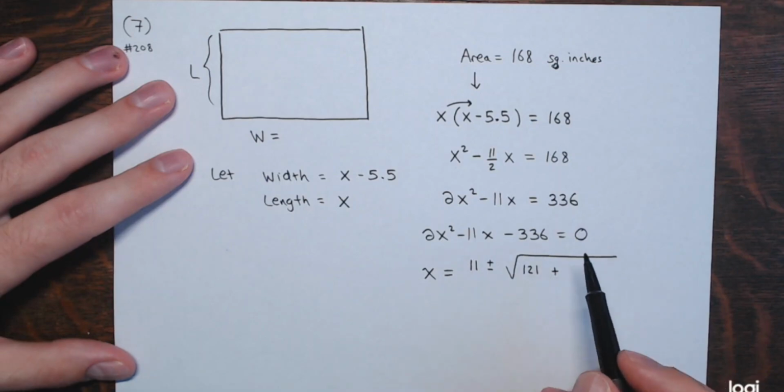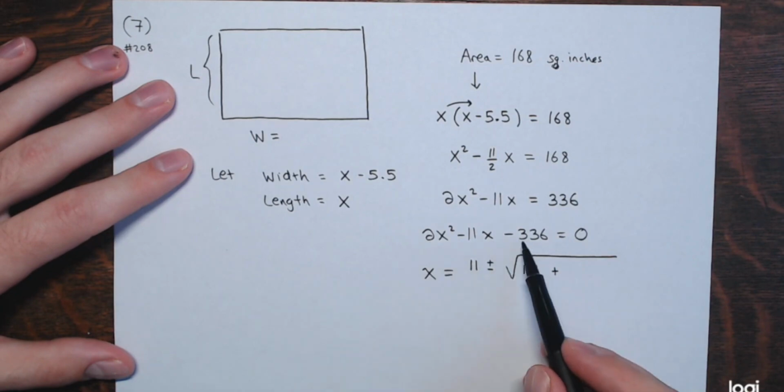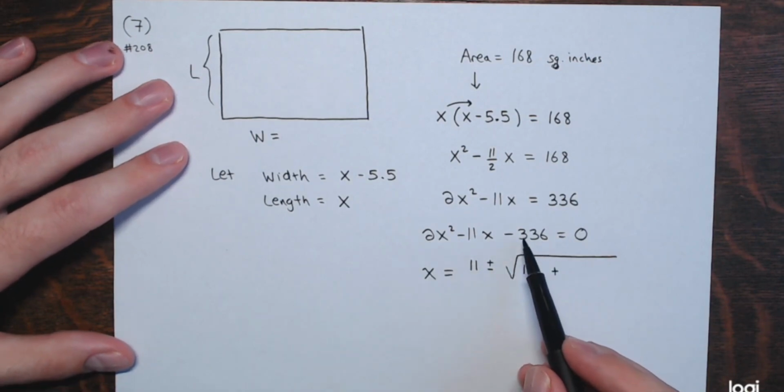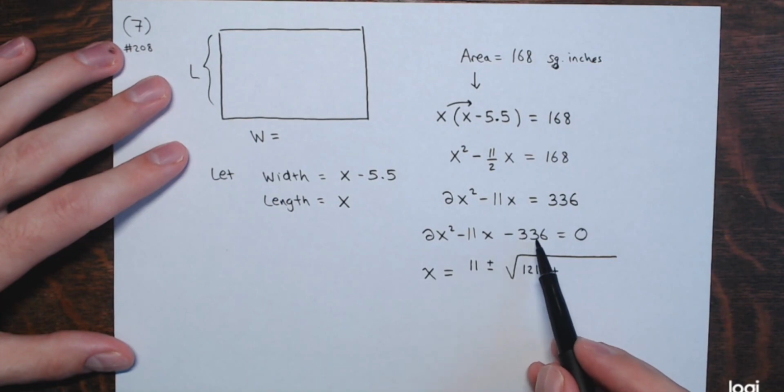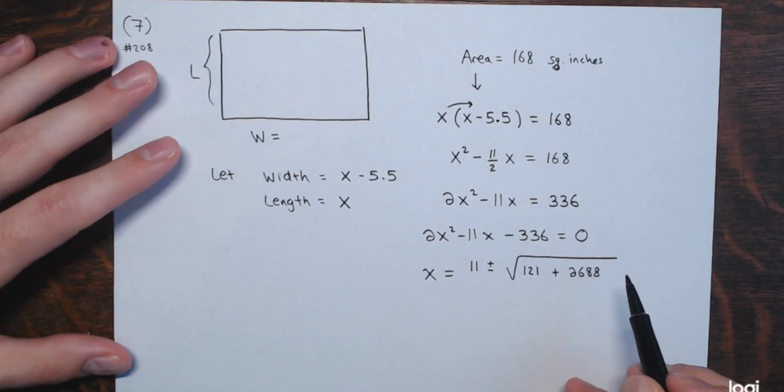And then 4ac, so 4 times 2 is 8, and 8 times 336, 8 times 300, 2400, plus 240, 2640, plus 48, so 2688 would be 4ac.